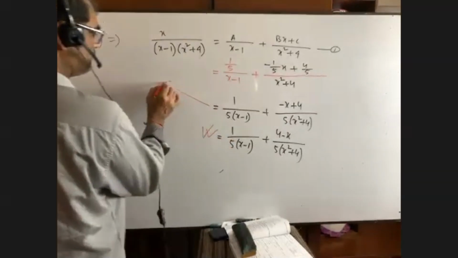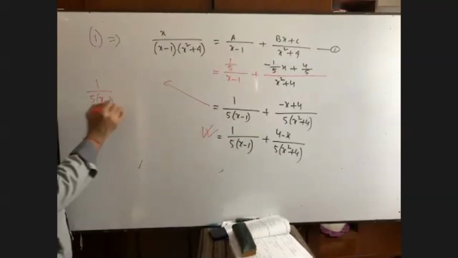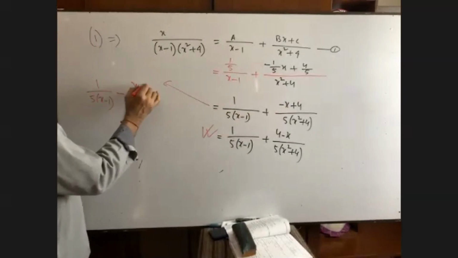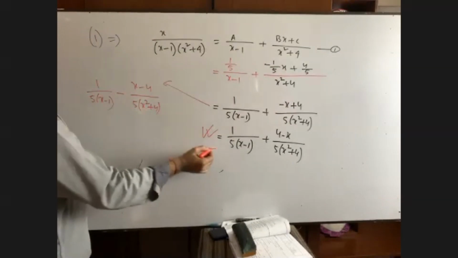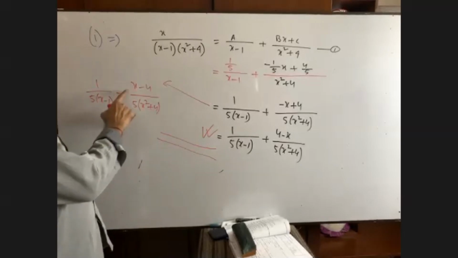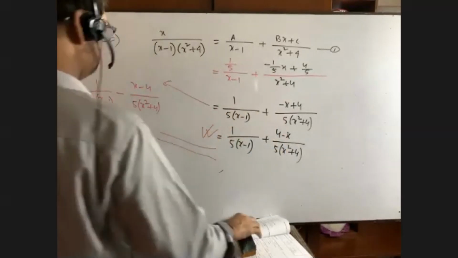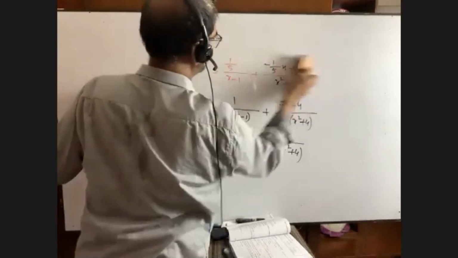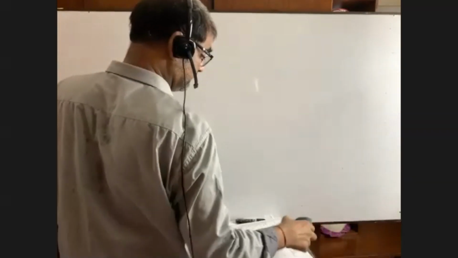But what they have done, they have done 1 by 5 into x minus 1. Now take minus common here. So it is minus, and in the numerator it is x minus 4 by 5 into, same thing. Actually have the same meaning, right? If I multiply minus x plus 4, it is minus x plus 4. Nothing. Okay. So any of these two can be answer, not a matter, same thing. It signifies the same.